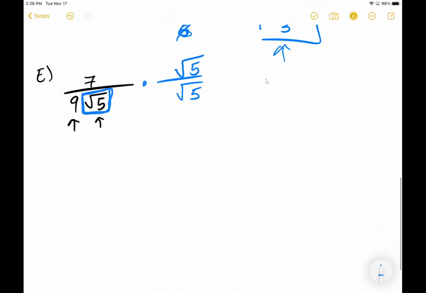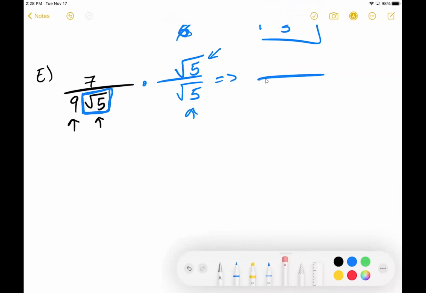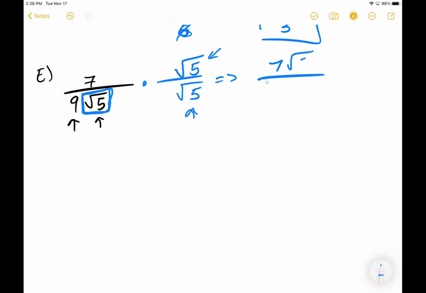And if you multiply the radical 5 on the bottom, you need to multiply a radical 5 on top. And if you multiply radical 5 on top, this is what you have: 7 times square root of 5. And square root of 5 times square root of 5 is equal to the root of 25, and the square root of 25 is basically 5 on the outside.